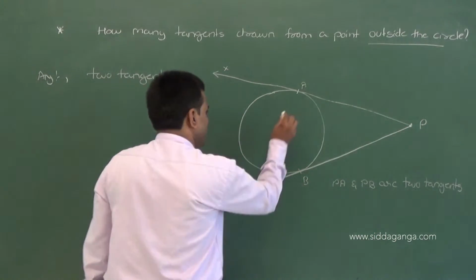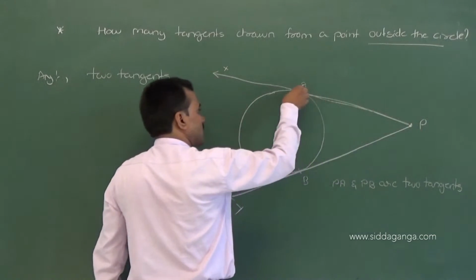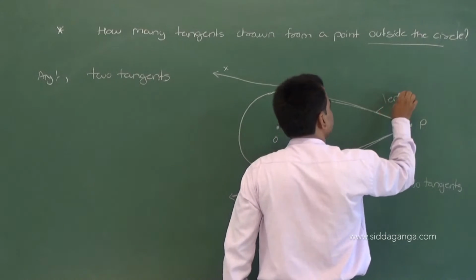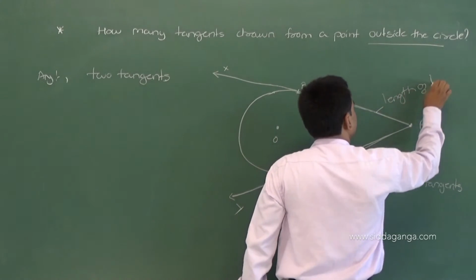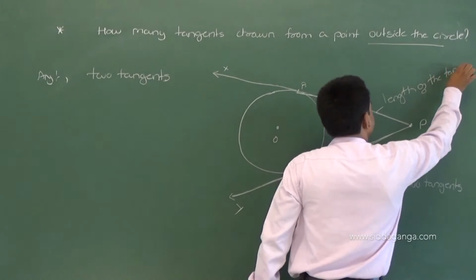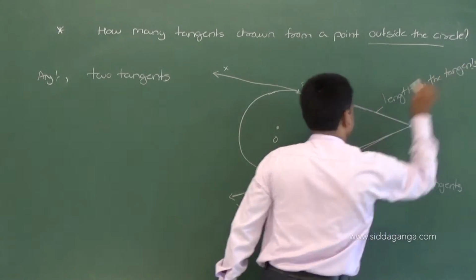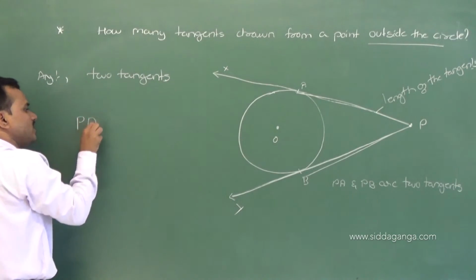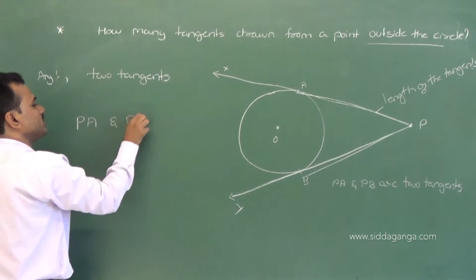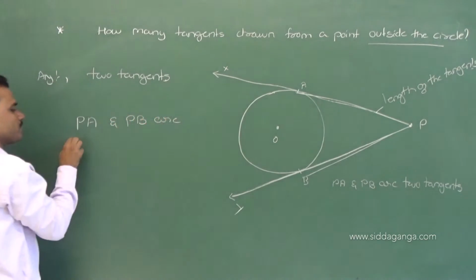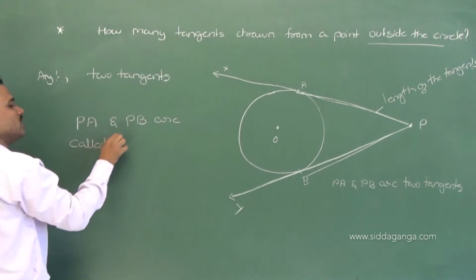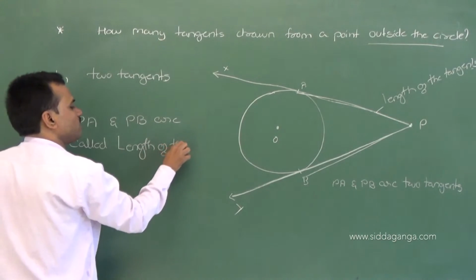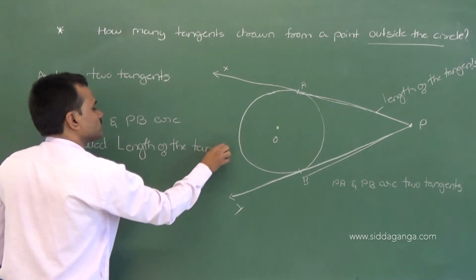Here observe, PA and PB we call the length of the tangents. PA and PB in the diagram are called the length of the tangents.